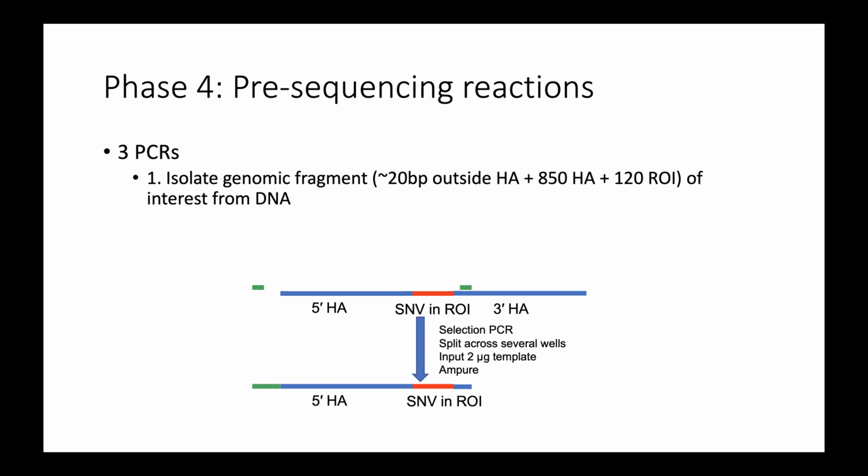The other primer actually is outside the homology arm, where it can only be found in the genomic DNA and not in the plasmid library. So it essentially selects for PCR amplification of only genomic DNA templates and not any residual plasmid library. We use about 2 micrograms of template as input. We split these PCRs across multiple wells. We then do the PCRs in Ampere, clean them up.